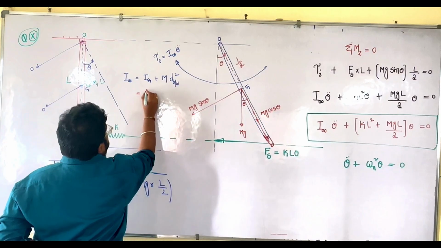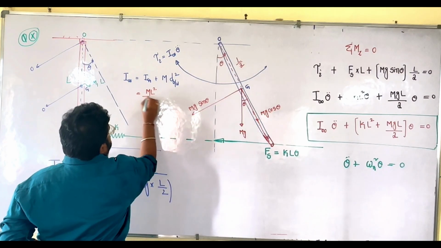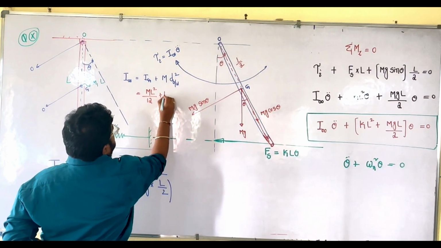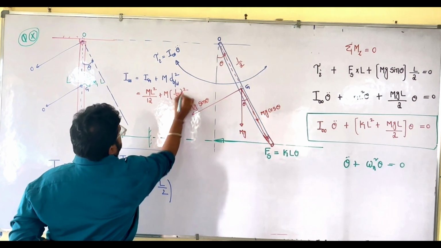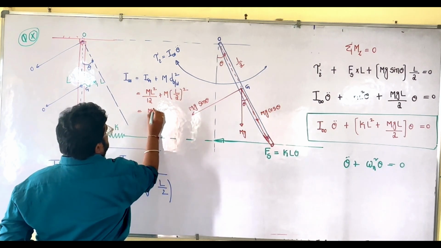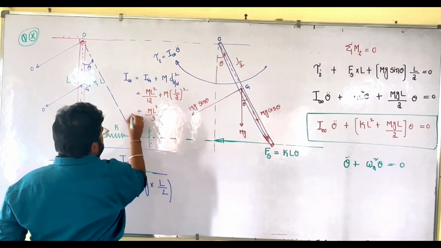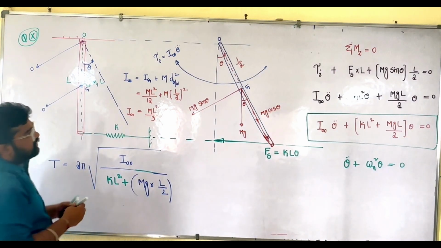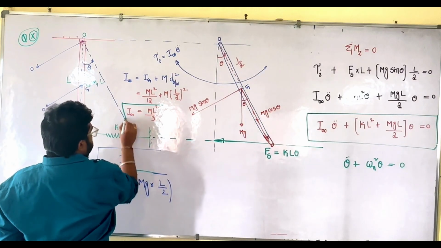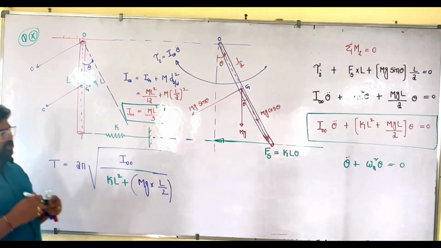Are you following? ml square by 12 plus the distance between the two parallel axes, L by 2 whole square. So I about O is ml square by 3.